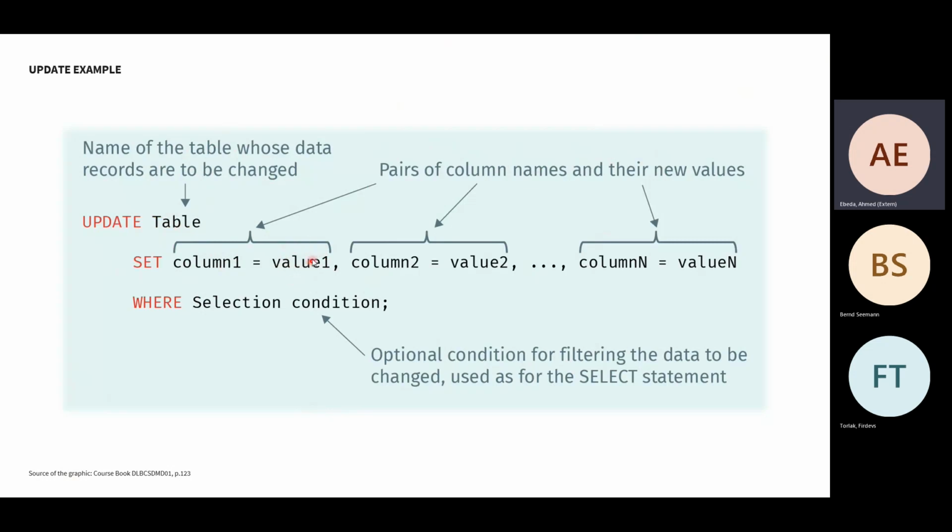This is the new value I want to take, and the same for column 2, column 3, column 4, and so on. And where I put the condition which defines which record I am changing. This is an optional condition for filtering the data to be changed, used as for the select statement.